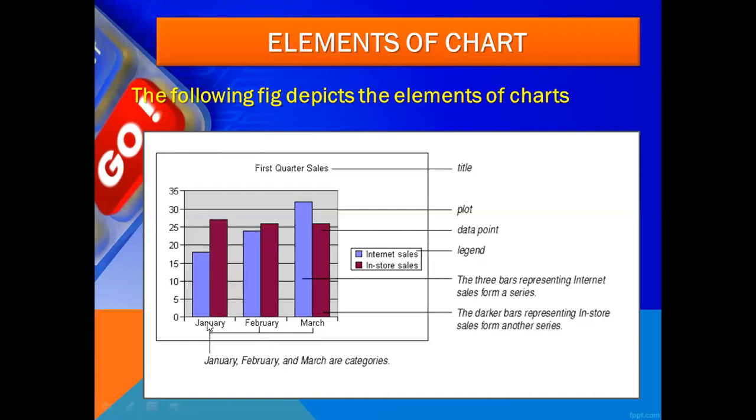You can write the values here, you can write the month at the bottom of the chart, and at the top is called the title. So all this labeling is called anatomy of chart.